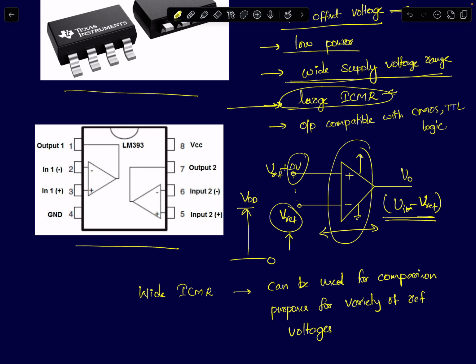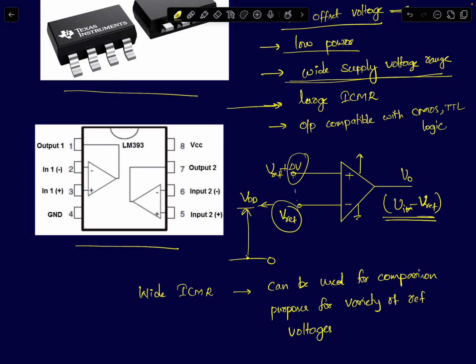for a wide range of reference voltage levels. The reference voltage can go from as low as ground to as high as the supply voltage. So by design, the circuit designers will keep in mind that the comparator should have a wide input common mode range. Then you don't have to worry; you can apply any reference voltage signal from ground to VDD. If I say the input ICMR is rail to rail, then you can apply a reference signal anywhere from ground to VDD.